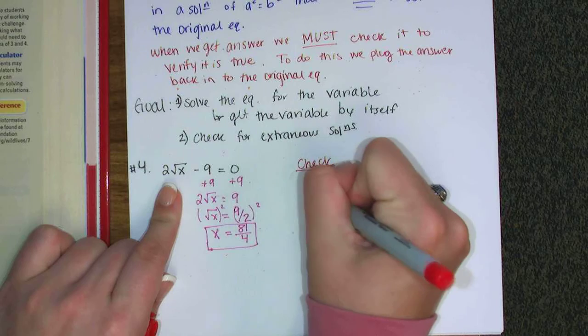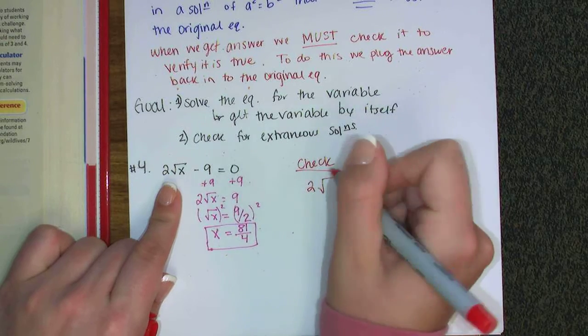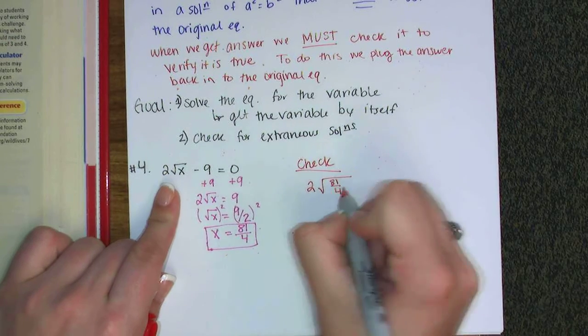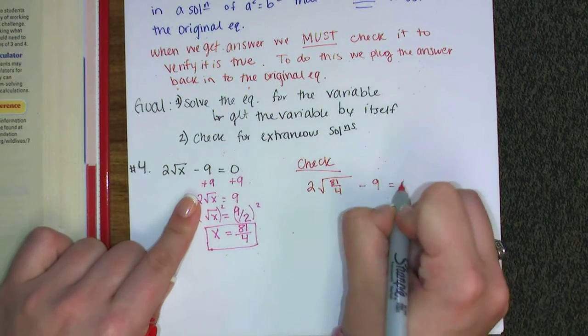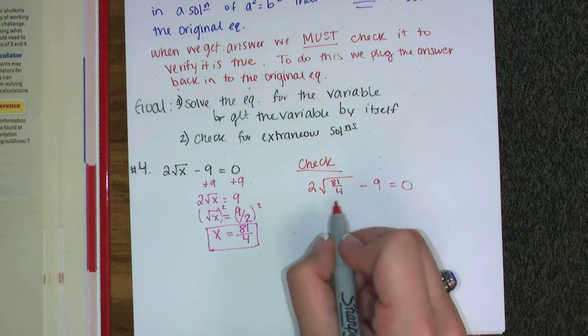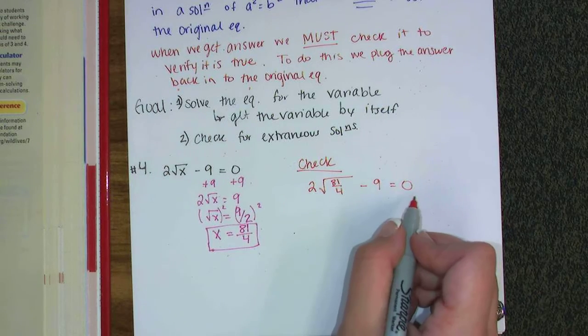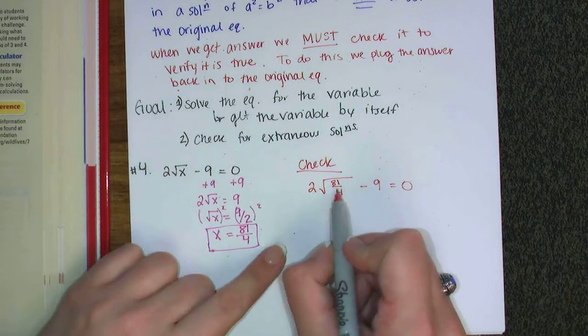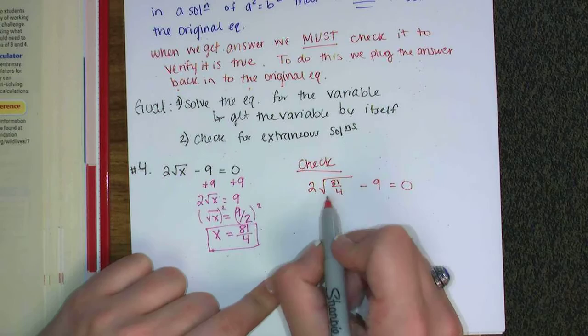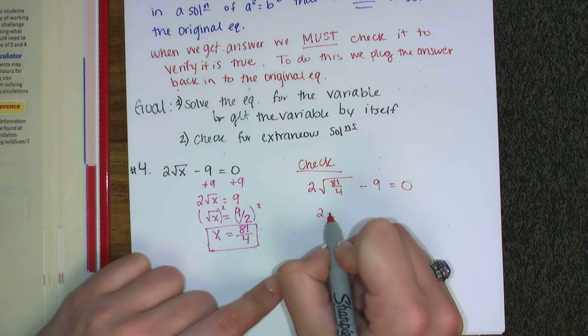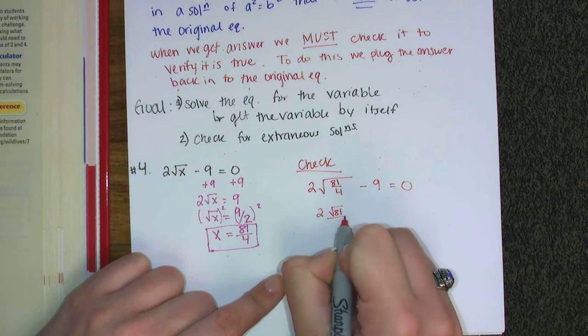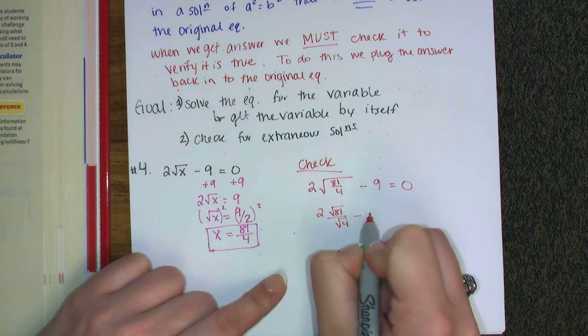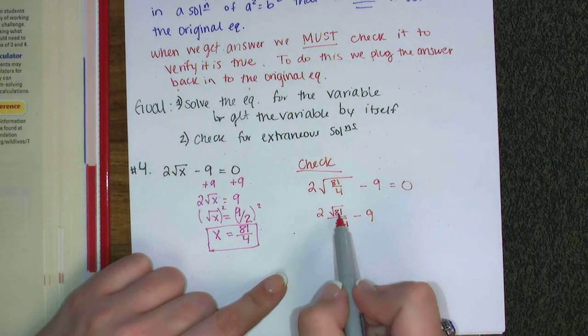So 2 times the square root of 81 over 4 minus 9 is equal to 0. So we just need to play around with this side. We're not moving anything over. We've got to show that it's equal to 0. So if you remember from our rules here, we can rewrite this as 2 times the square root of 81 over the square root of 4 minus 9.